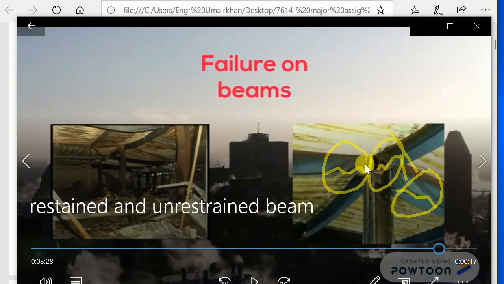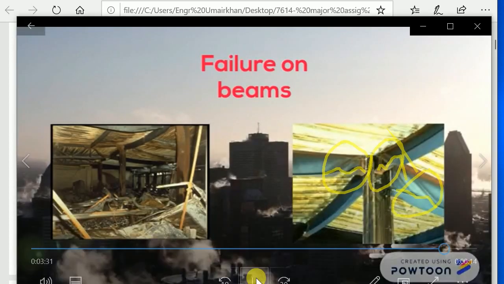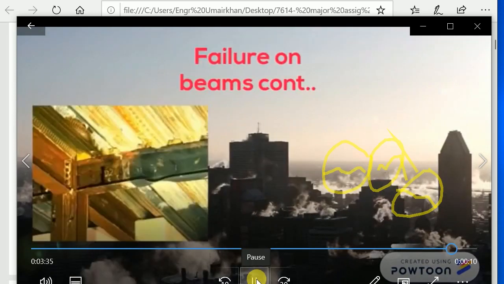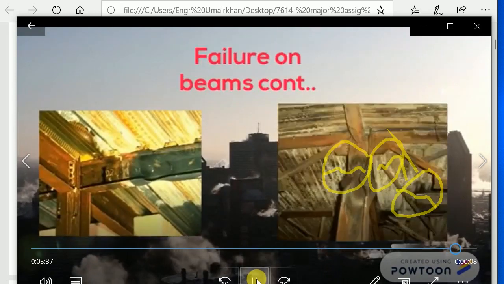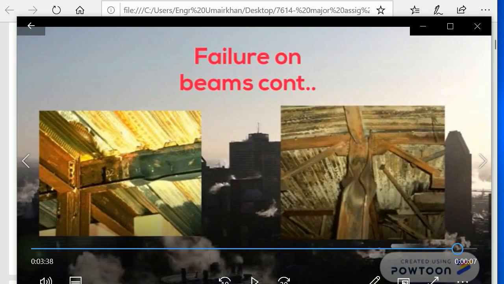Why does this kind of local buckling happen? This is interesting, and we will understand this one. One of the most important other details is right here.